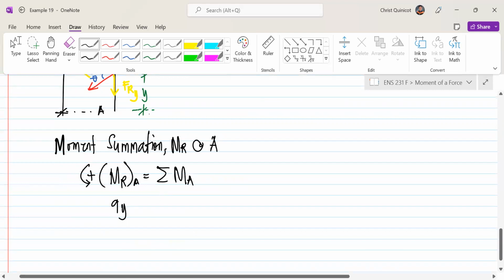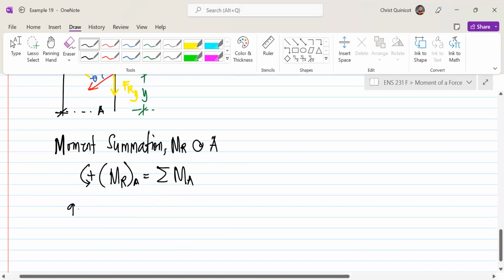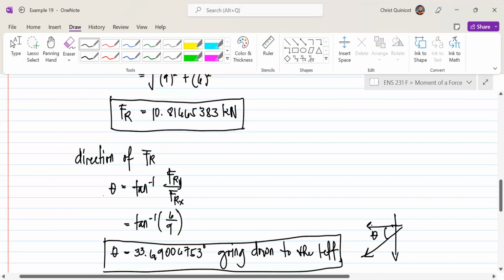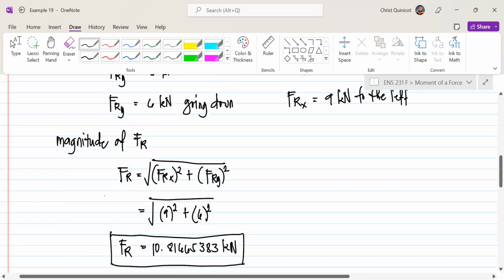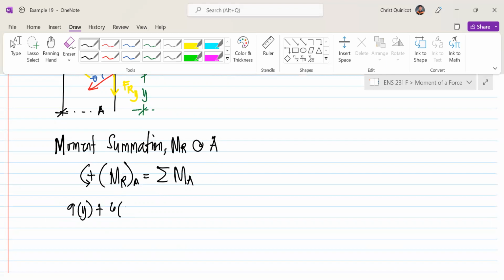So that is 9 for our F sub Rx times its perpendicular distance, which is y, plus our F sub Ry, which is 6. But it has no perpendicular distance, times 0.